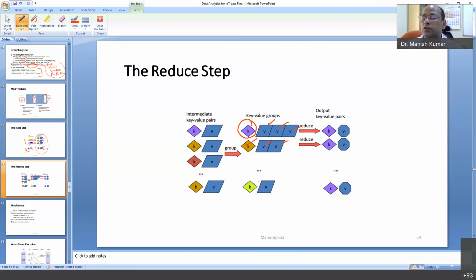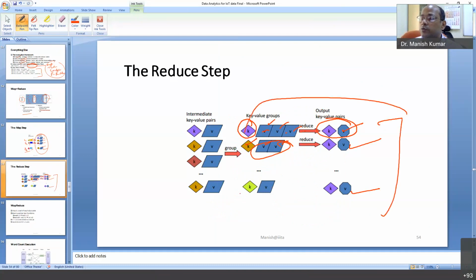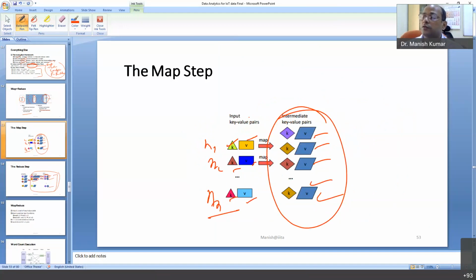With the same key, these are the values, so these values can be aggregated. These values aggregated will produce this, these values aggregated will produce this, and similarly this. So this part is the work of the reducer, whereas this part is the work of the map.